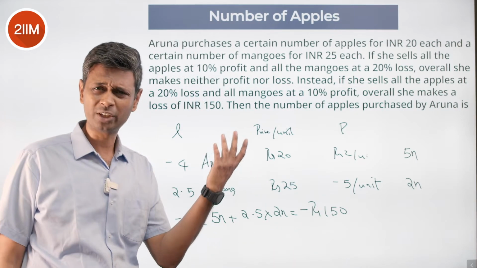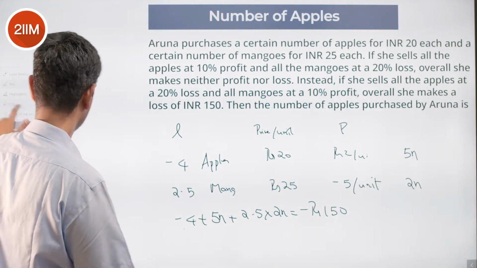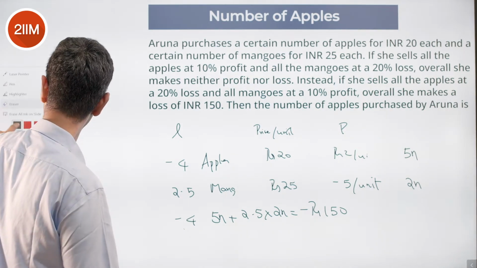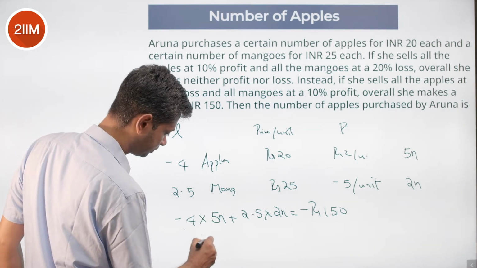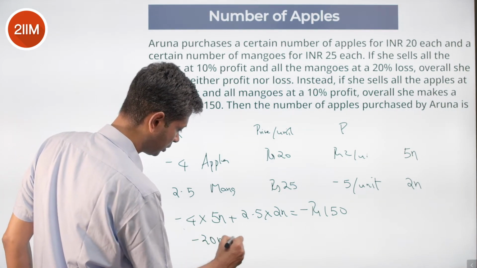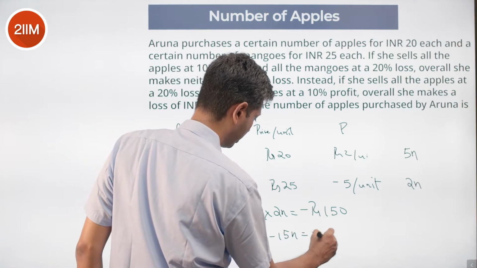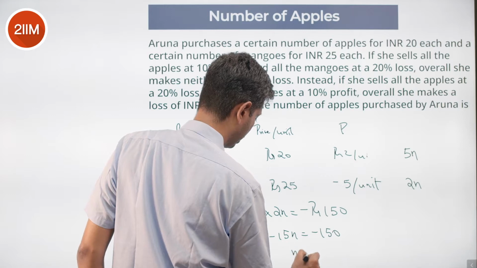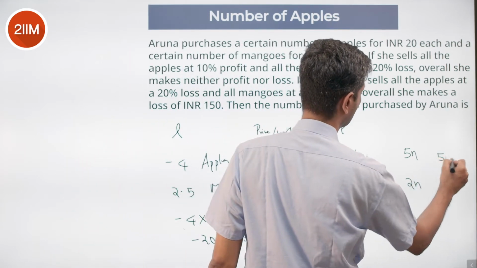I'm putting profit as positive, loss as negative. Minus 4 into 5n, minus 20n, plus 5n, which is minus 15n, is minus 150, so n is 10, or she buys 50 apples and 20 mangoes.